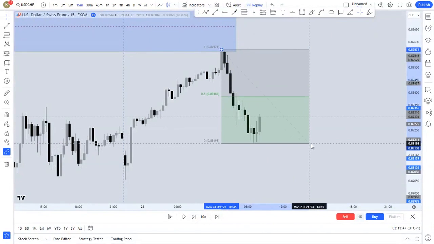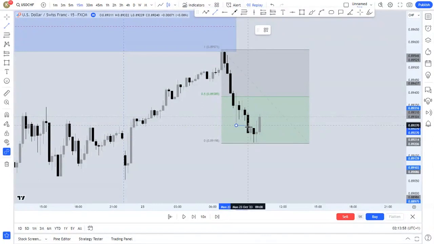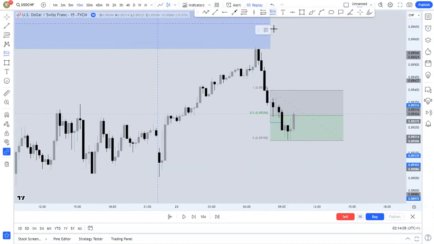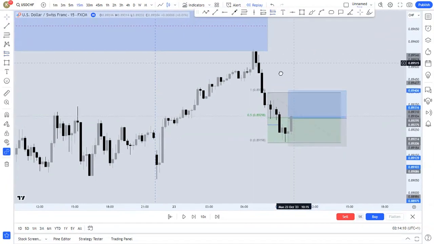So this was when the reversal started, right? And there was a fractal break here, and for that fractal break, I'm gonna draw my fib like this from this high to this low, and that's enough for entry.